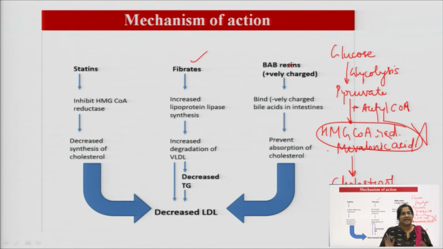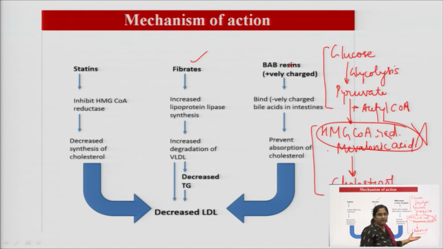So, this is the general mechanism of action of statins, fibrates and BAB resins. I want to repeat it once again. Statins work after the glycolysis cycle. This is your carbohydrate metabolism and this is part of your fat metabolism.